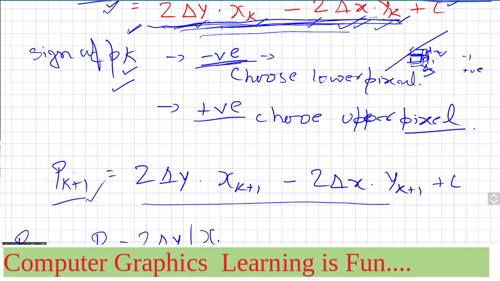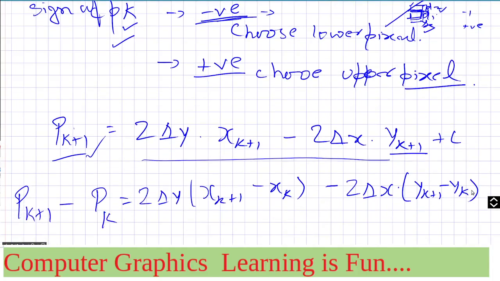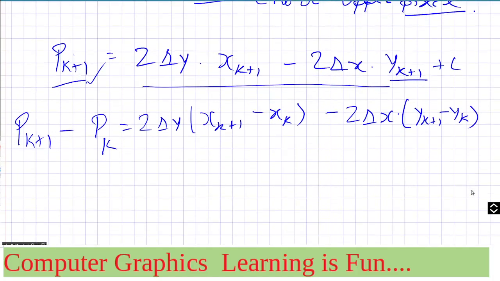It will be xk plus 1 minus xk. Again minus 2 delta x into yk plus 1 minus yk, plus c minus c, which will be cancelled out, no problem.